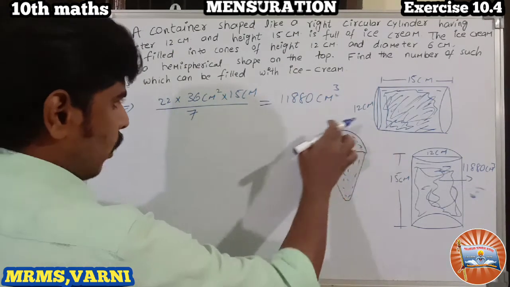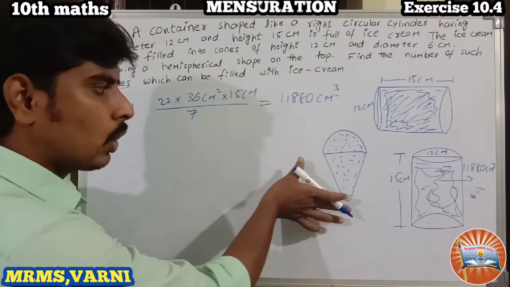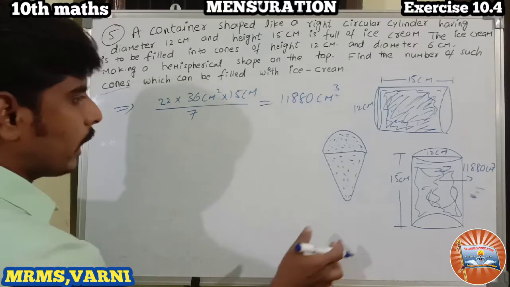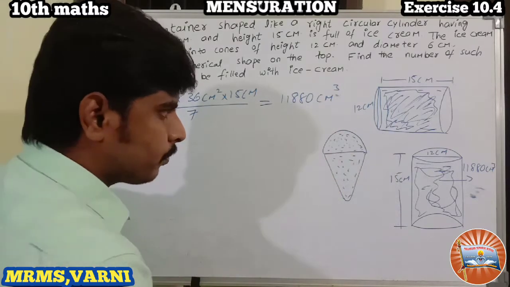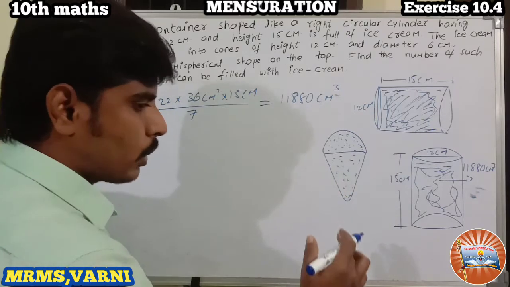Next, the second thing we have to find is the volume of the cone, which is a combination of a hemisphere. Why do we need to find the volume of this cone? Because we need to find the number of such cones to be filled here.